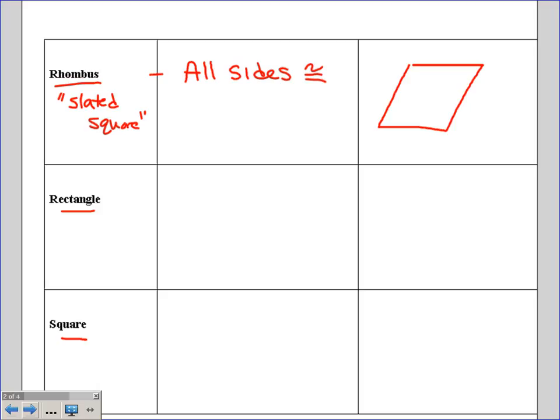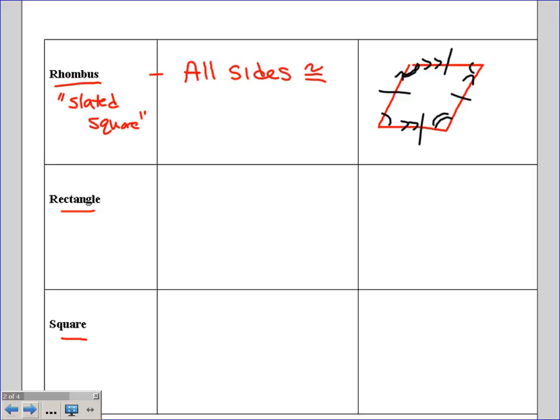So we could talk about how opposite sides are parallel, and how opposite angles are congruent, like these guys and these guys. The only thing that makes it a little bit different is now all sides are congruent. So I'm going to put 1 tick mark on each one of these. All sides are congruent as opposed to just the opposite sides being. So just a little bit more specific.